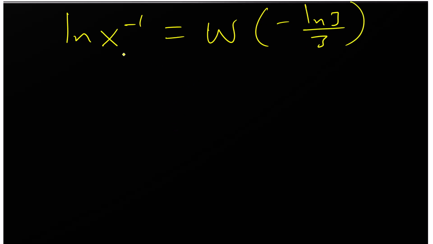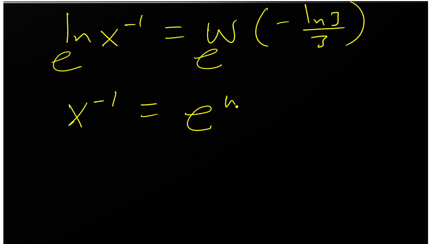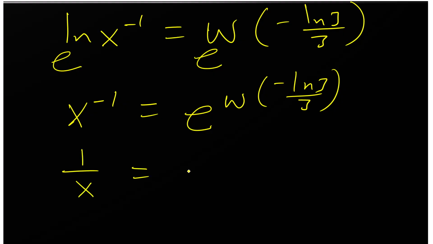Now we have ln x, so we can remove this ln by raising both sides to e. This side will go, and I will be left with x to the power -1 equals e raised to W function of minus ln of 3 on 3. We still have the minus there, so x to the power -1 is the same as 1 over x equals e raised to the W function of that.